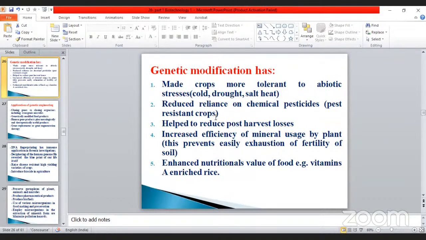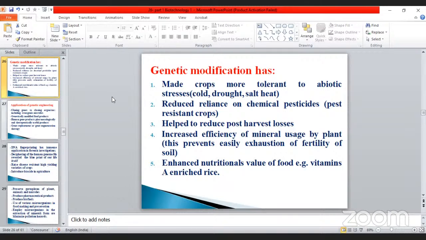This is also important. It helps to reduce post-harvest losses and increases the efficiency of mineral usage by plants. This prevents easily exhausting the fertility of the soil. And the last one is enhancing the nutritional value of food. For example, vitamin A enriched rice is also produced by this method.